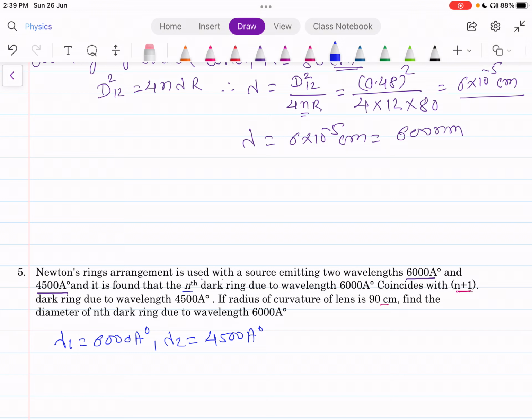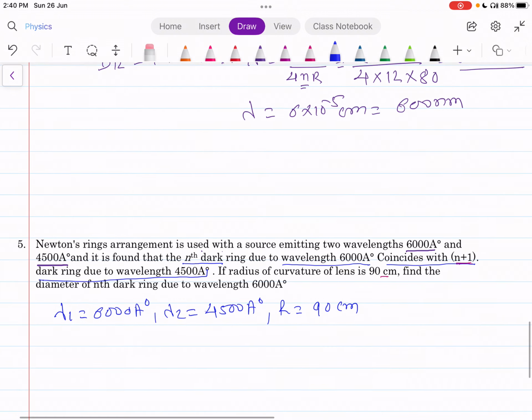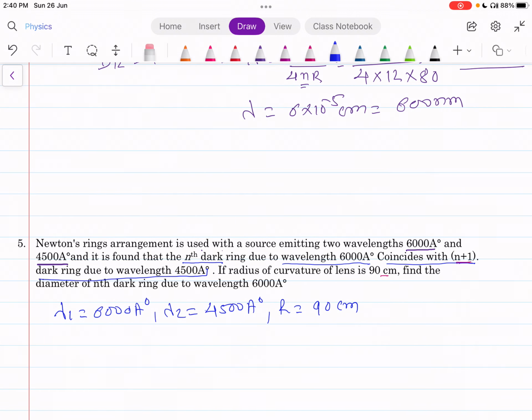It is found that the nth dark ring due to wavelength 6000 coincides with the n plus 1th dark ring due to wavelength 4500 angstrom. If the radius of curvature of the lens is 90 cm, find the diameter of the nth dark ring due to wavelength 6000 angstrom.